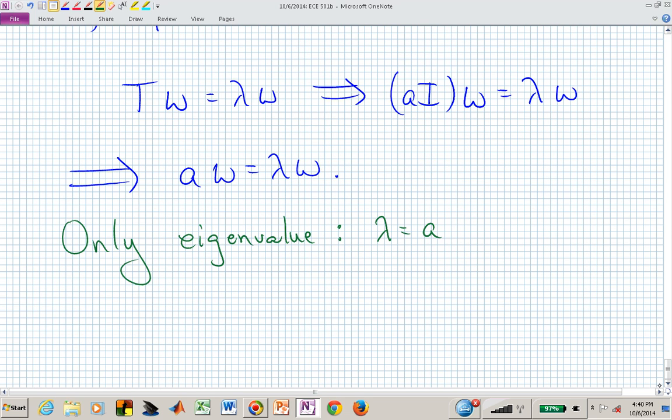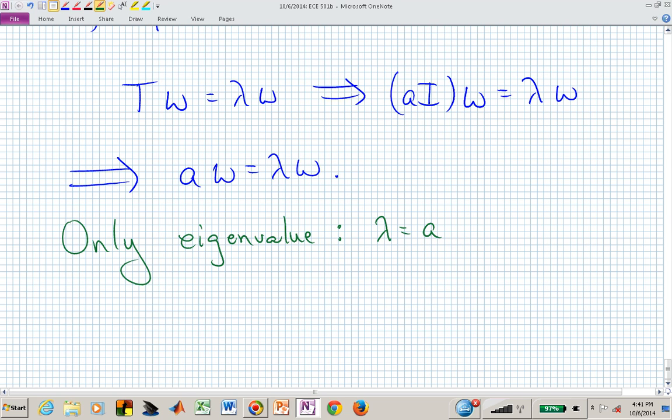But what are our eigenvectors? What do they look like? How specific did we have to be in picking W? Not at all, did we? It didn't matter what we picked for W. It's just going to get mapped back to W. It'll just get scaled by whatever A was. In our example, 8.